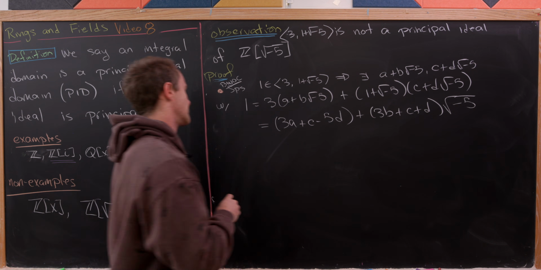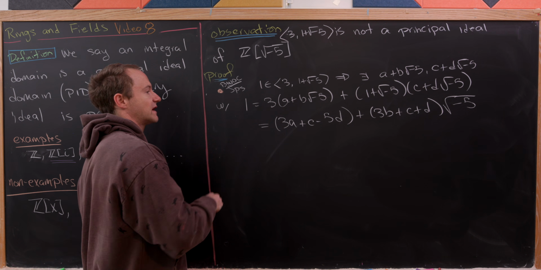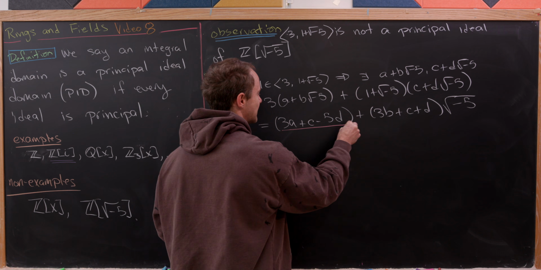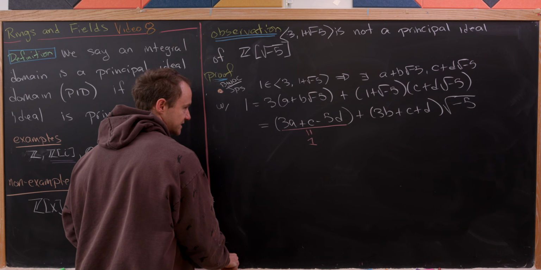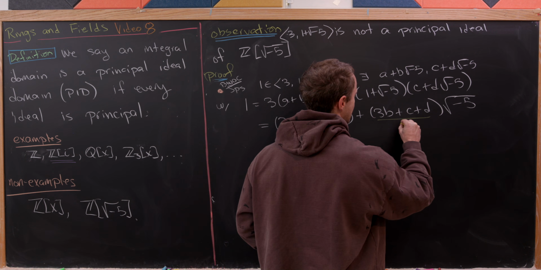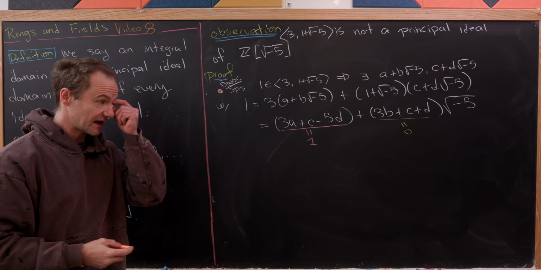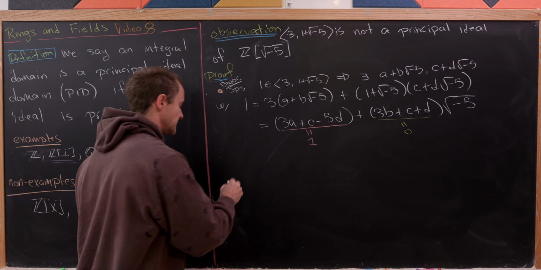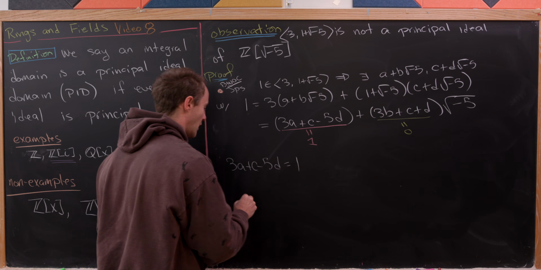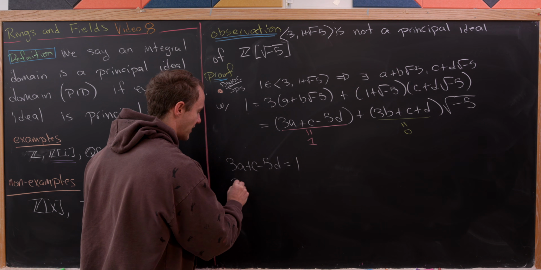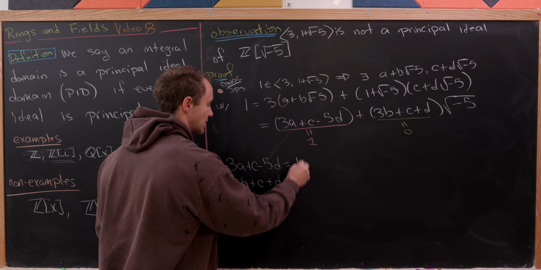That's the imaginary part. But now, just by looking at the real and imaginary parts of both sides, we see that this pink underline has to be equal to 1 because that's the real part of this other side. And this orange underline has to be 0 because that's the imaginary part of this other side. So that gives us a system of equations. We have 3a plus c minus 5d is equal to 1, and we also have 3b plus c plus d is equal to 0.